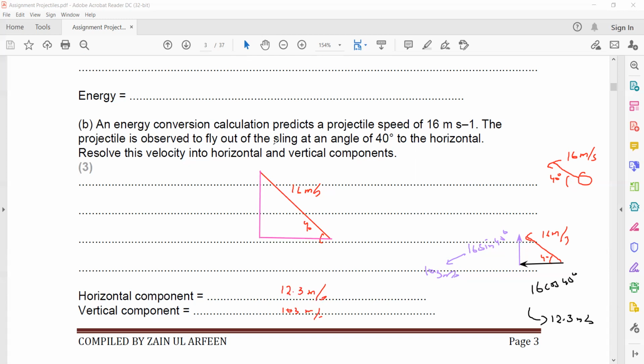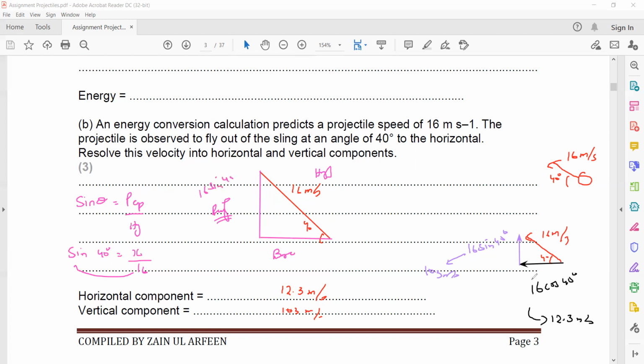This one is the base, this one is the perpendicular, and we have the hypotenuse. Using a trigonometric ratio, sine theta is equal to perpendicular over hypotenuse. Theta is 40, the perpendicular is unknown, and the hypotenuse is 16, so it is multiplied and we get the perpendicular, which is 16 sine 40.